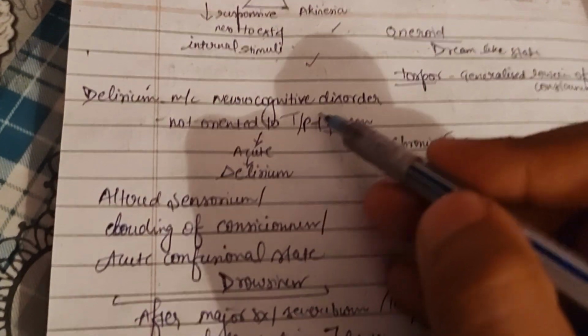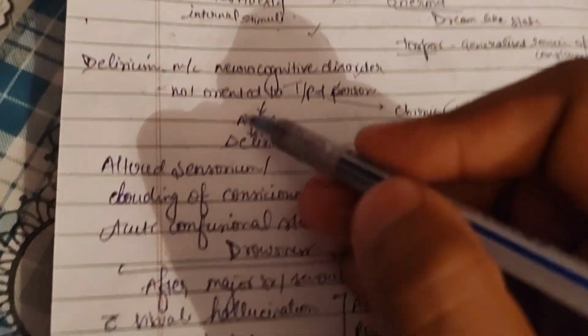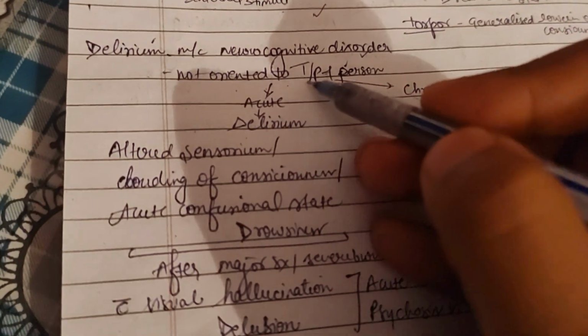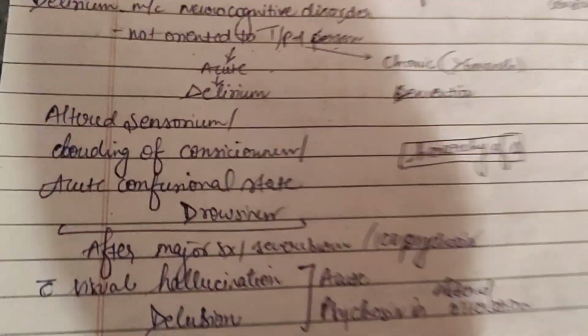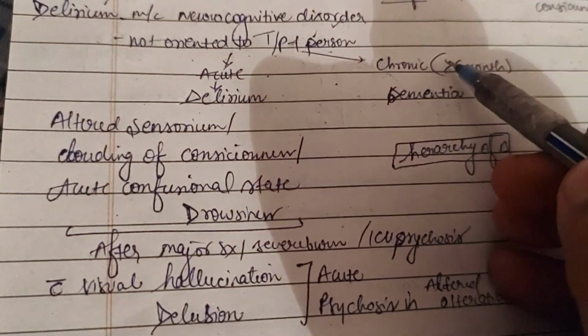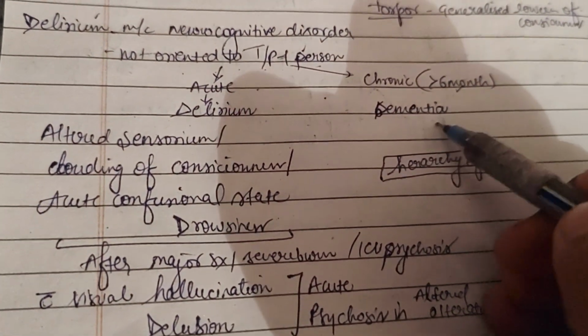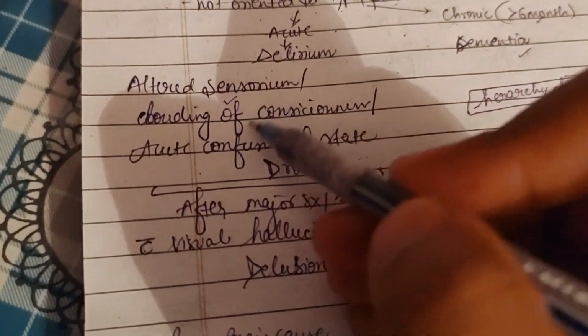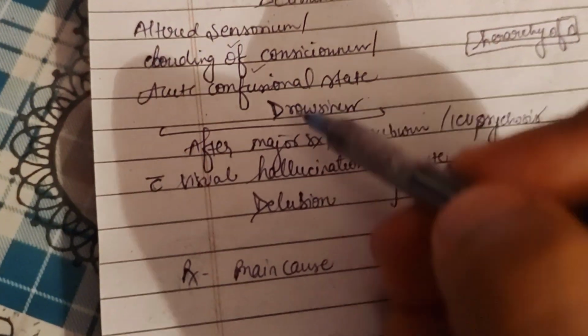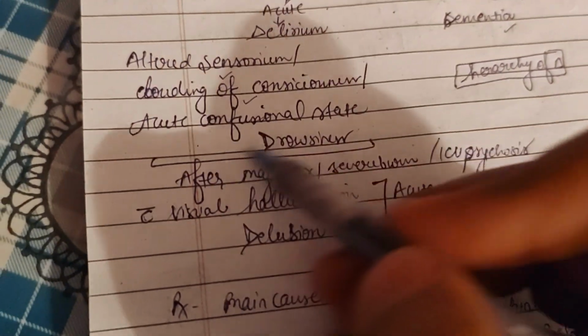Delirium is the most common neurocognitive disorder, with disorientation to time, place, and person. If in the acute phase, it is called delirium. If in a chronic state of more than 6 months, it is called dementia. Delirium is also called altered sensorium, clouding of consciousness, acute confusional state, drowsiness. All these are named delirium.